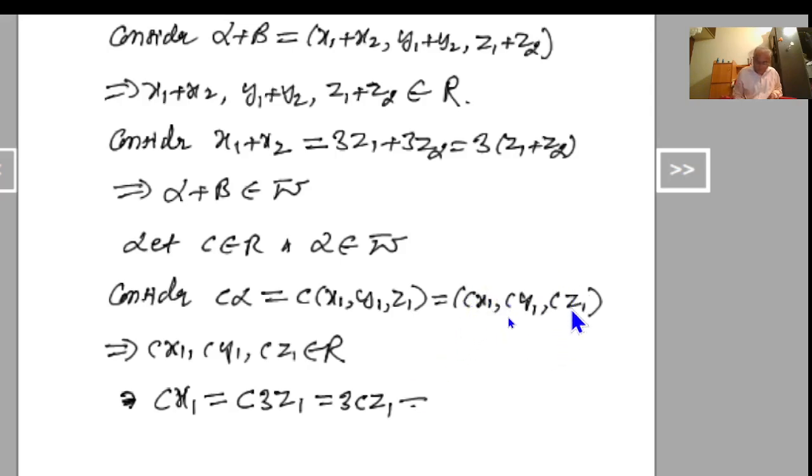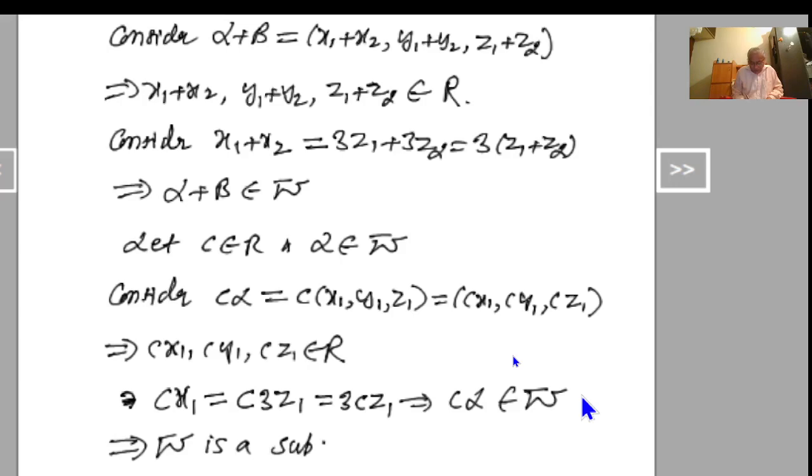This implies C alpha belongs to W. So both the conditions are satisfied here. Alpha plus beta belongs to W. C alpha also belongs to W. This implies W is a subspace of V3R. Okay.